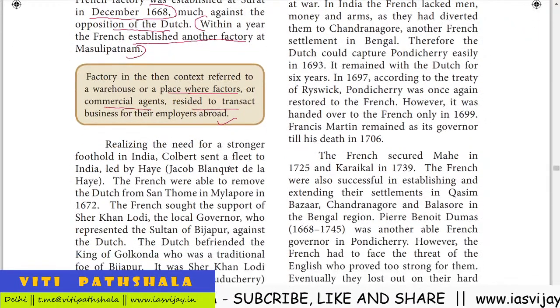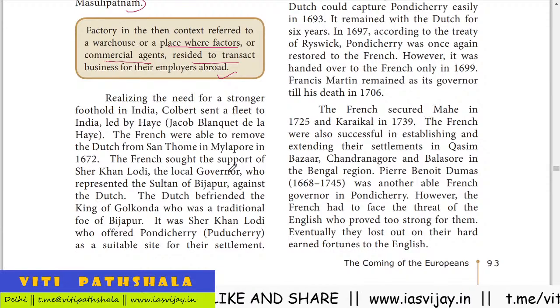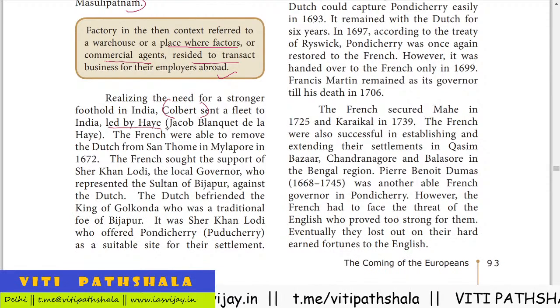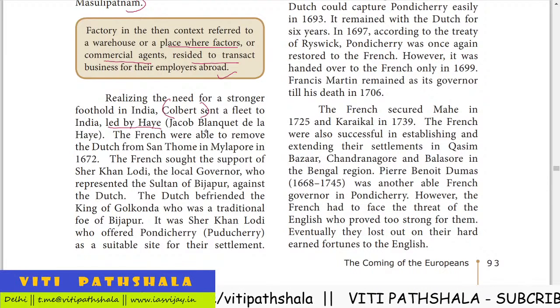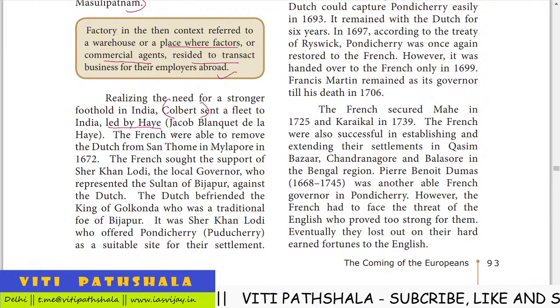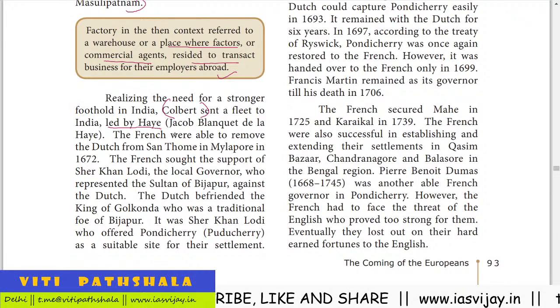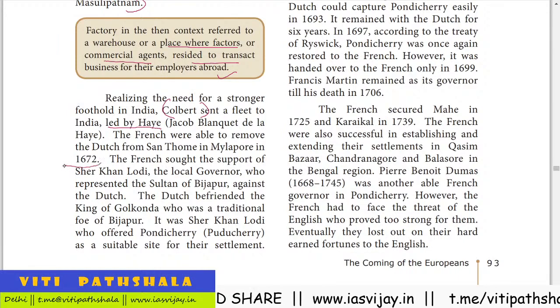Now, realizing the need for a strong foothold in India, Colbert sent a fleet to India led by Jacob Blanquet de la Haye. The French were able to remove the Dutch from Saint-Thome in Mylapore in 1672.